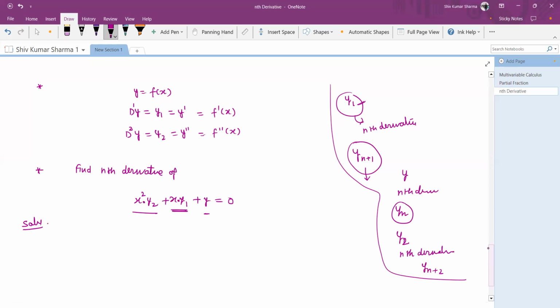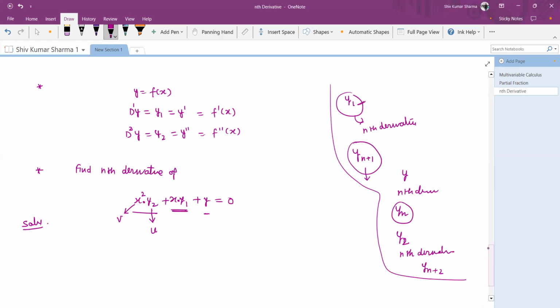Now which term can we consider as u and v? We consider as v the term we can differentiate easily, or whose differentiation finishes. That means we prefer the algebraic functions as v, and the other function we consider as u. So generally we consider y2 as u, and x square as v. v means its differentiation we finish easily in 2 to 3 terms.